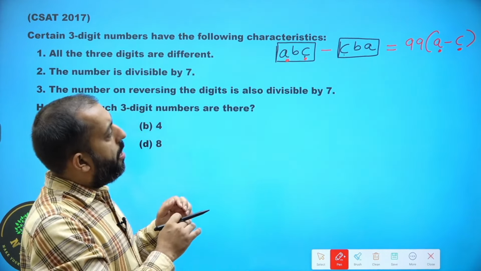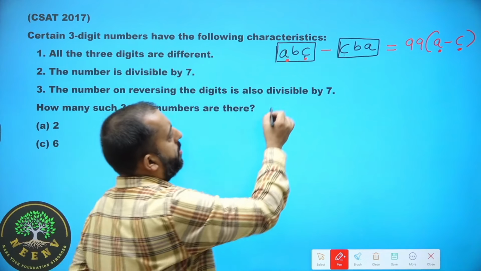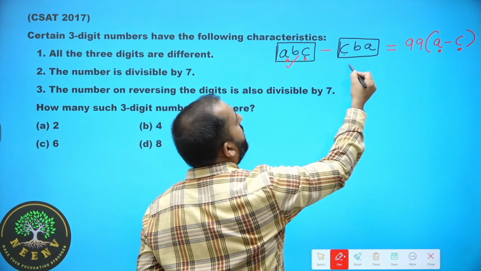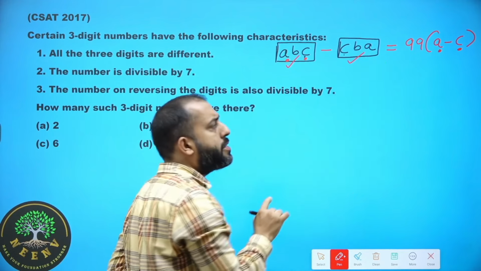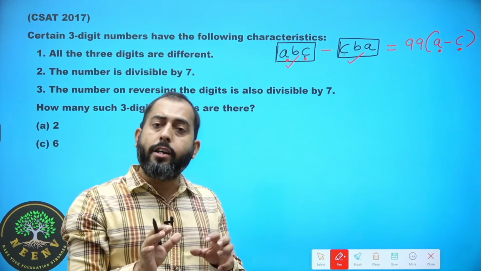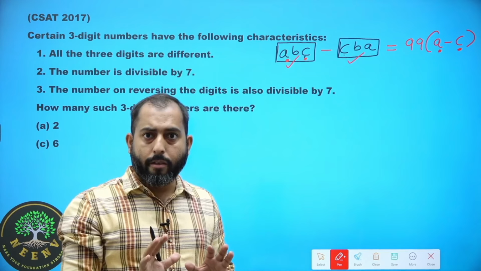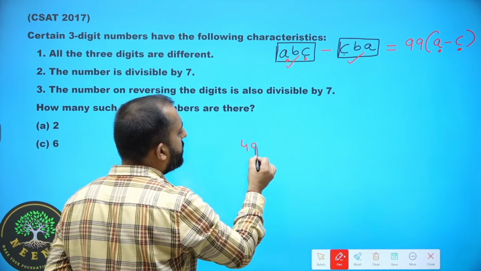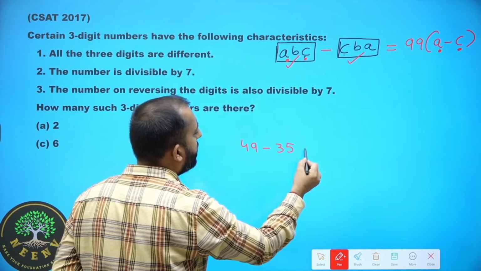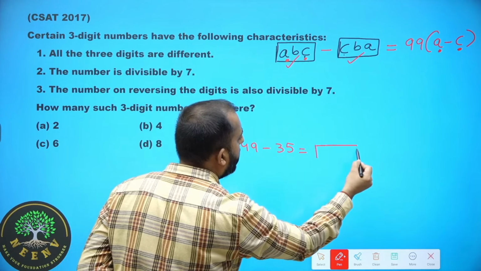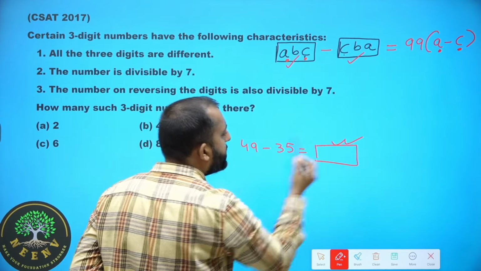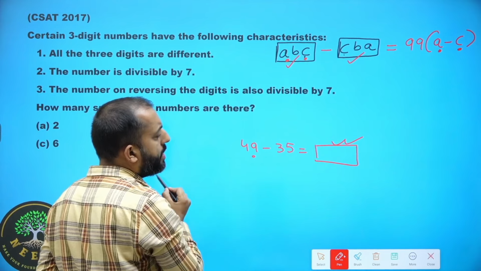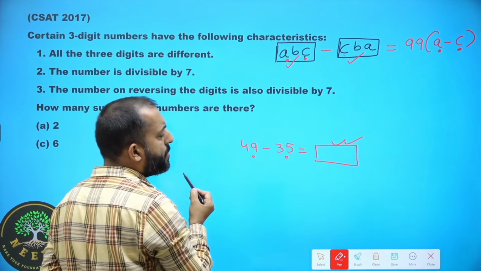Now, at the same time, the original number and the number formed on reversing the digit both are divisible by 7. If you subtract two such numbers that are divisible by 7, then the result obtained should be divisible by 7 also. See, 49 is divisible by 7, 35 is divisible by 7.